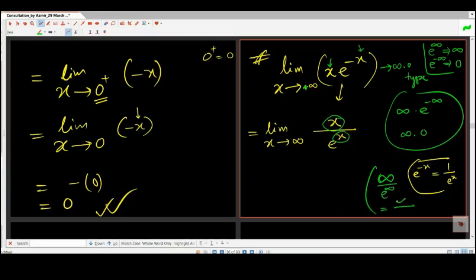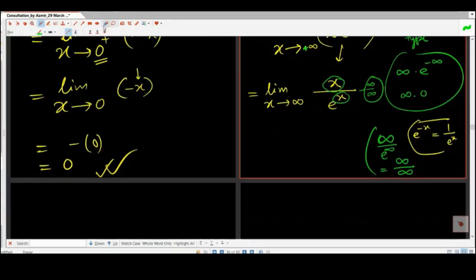So in numerator infinity and e to the infinity, we know it is infinity. So we have infinity over infinity type. So that means we can apply L'Hopital's rule. So L'Hopital's rule says that we have to differentiate f of x and g of x separately at the same time.